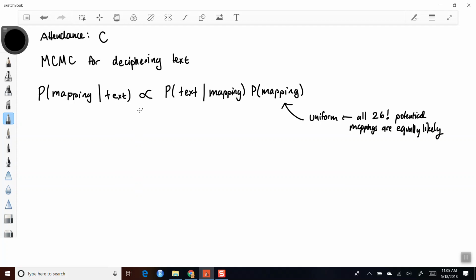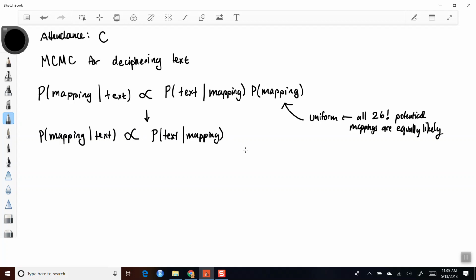And if that's the case, then the probability of a mapping given the text is just proportional to the probability of the text given the mapping. So that makes things even easier for us.